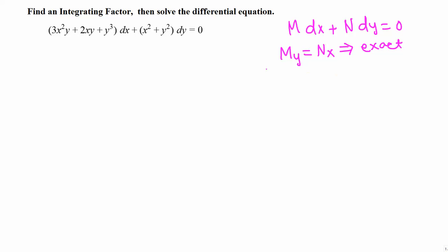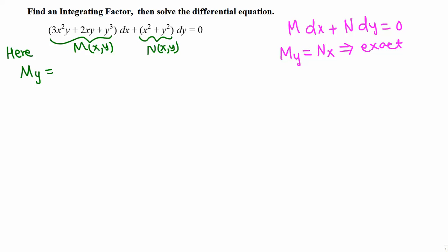Okay, let's see. So here M as a function of x, y, we don't even have to write this one. I would just say this is M, this is N, or you can be more precise saying x, y and x, y. Then M_y, the partial derivative of M with respect to y.